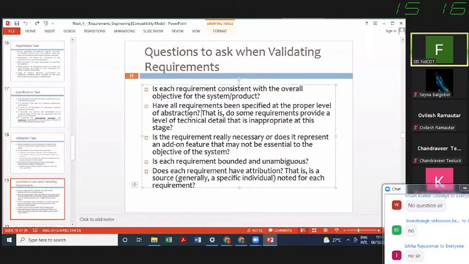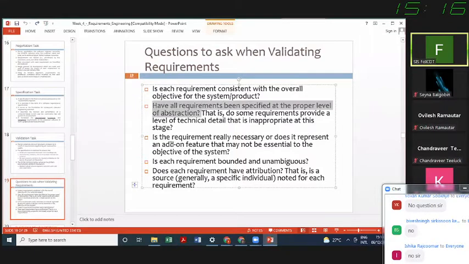I'm not interested in knowing all this. So all these details, how the engine functions and so on, are abstracted from me. So this is what is meant by the proper level of abstraction.